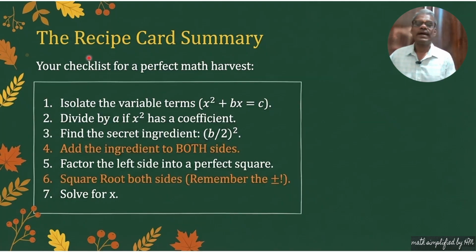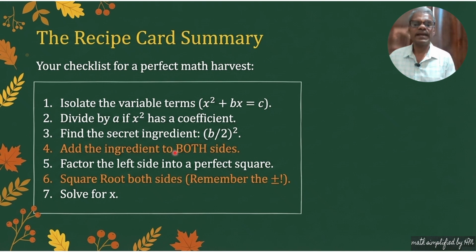Now we recap all our steps here. The checklist for a perfect math harvest. For the completing the square method: isolate the variable terms, x square plus bx is equal to c. Divide by a if x square has a coefficient.